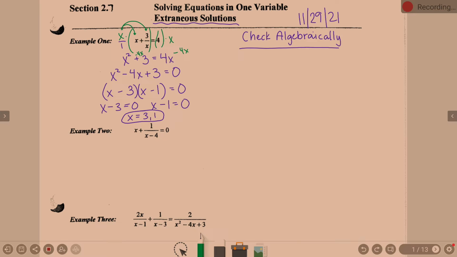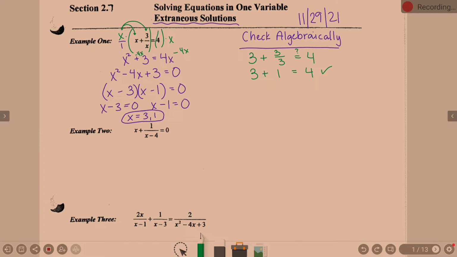So if I use 3, for instance, the original problem was x plus 3 over x. So 3 plus 3 over 3, does that equal 4? And at that point we know 3 plus 1 does equal 4.